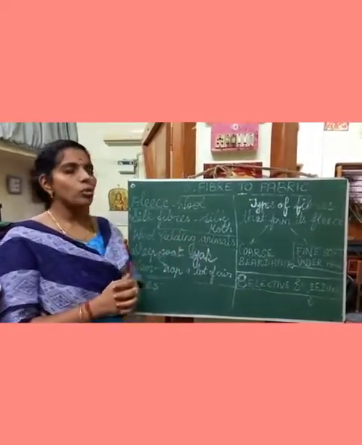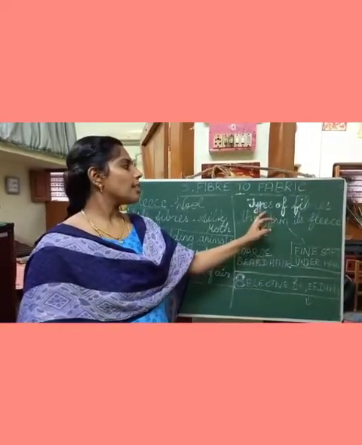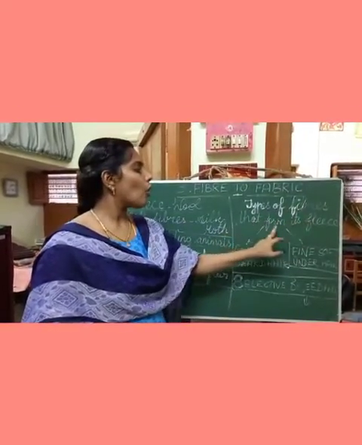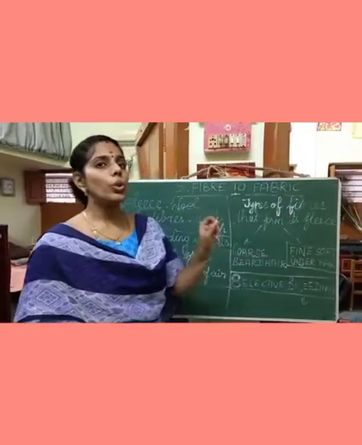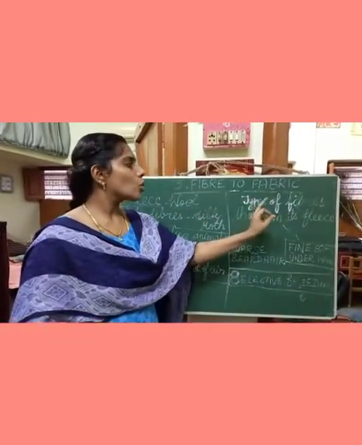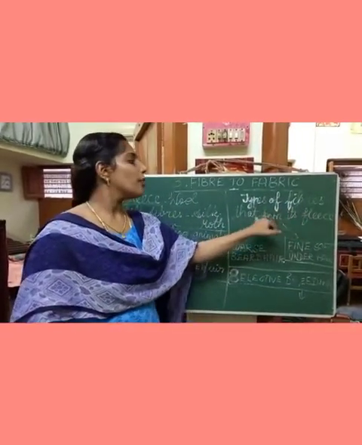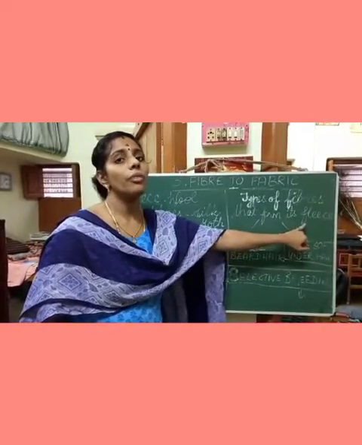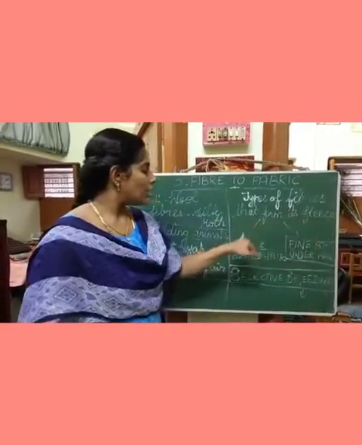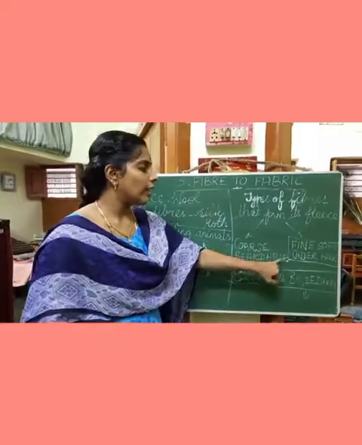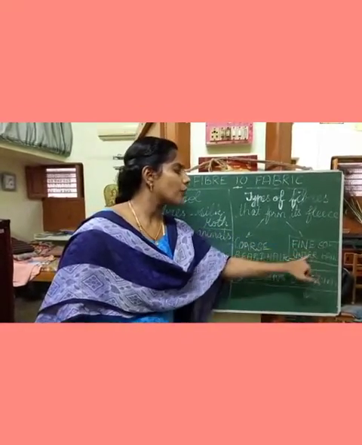Now we shall move on to the third topic, that is the types of fibers that form the fleece. Usually in animals there are two types of fibers formed from the fleece, that is, from the hair. The first one is coarse beard hair and the second one is fine soft hair.